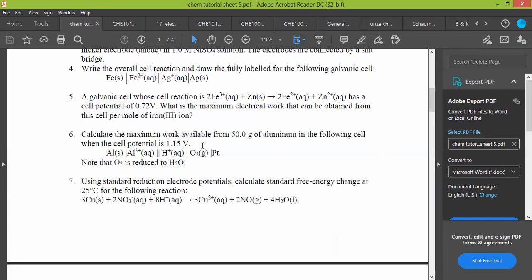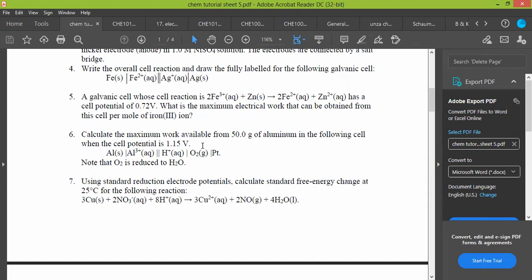So now find how many electrons those number of moles of aluminium can produce. So from the equation that you have there, 1 mole of aluminium produces 3 electrons. Therefore, 1.853 moles of aluminium will produce X electrons.